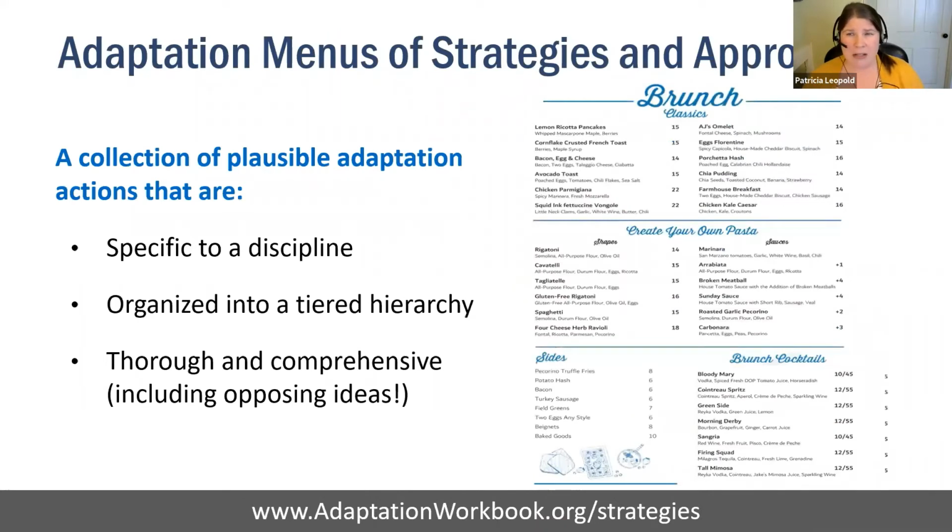These actions are geared toward a specific discipline or topic area, such as forests, agriculture, or urban ecosystems. And for each menu, adaptation actions are arranged in a hierarchy from broad adaptation options to very specific adaptation tactics that can be carried out as part of a management plan.